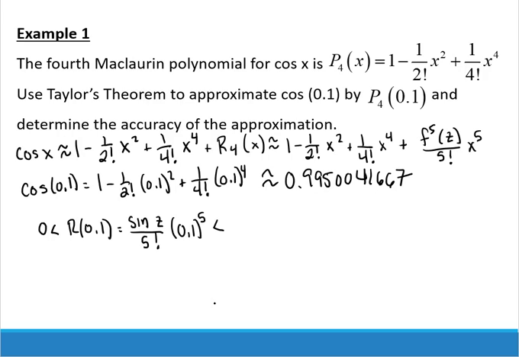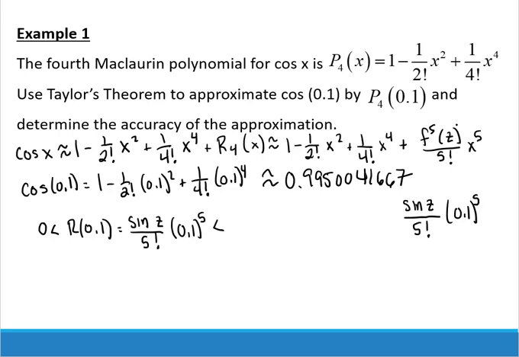So how I get this value here is I look at that formula for sine, sine of z over 5 factorial times 0.1 to the fifth. So this is the fifth derivative. Technically it's negative.